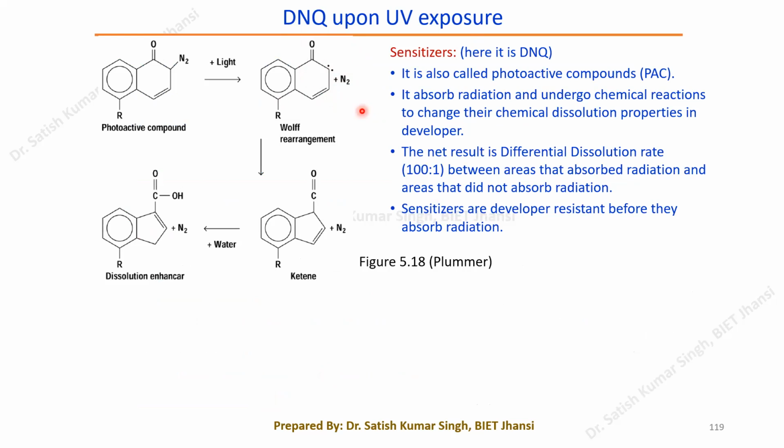Once we expose it to UV rays, this nitrogen will be liberated, and then a certain chemical reaction will take place, a certain carbon compound will come out of this ring, and this type of link will be formed.